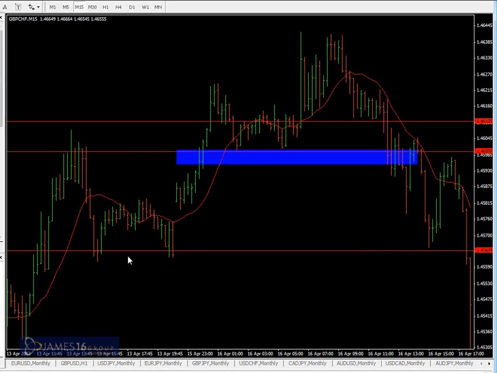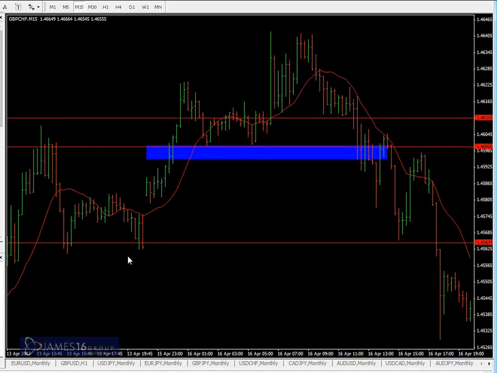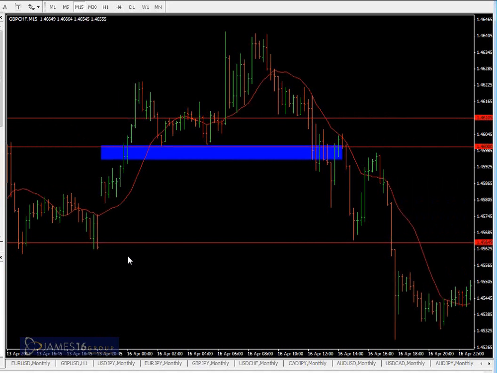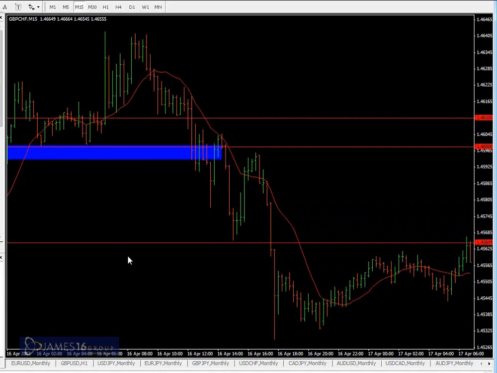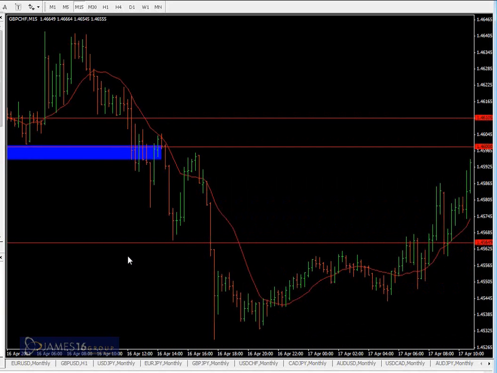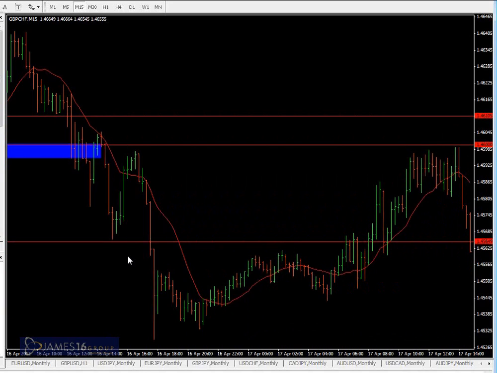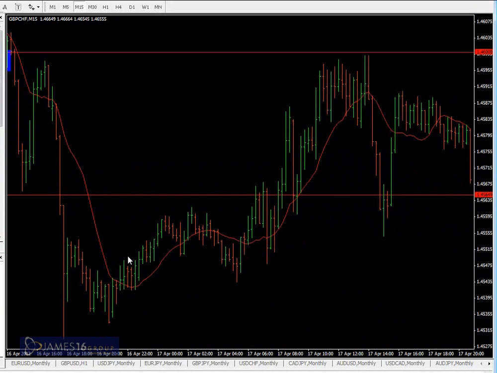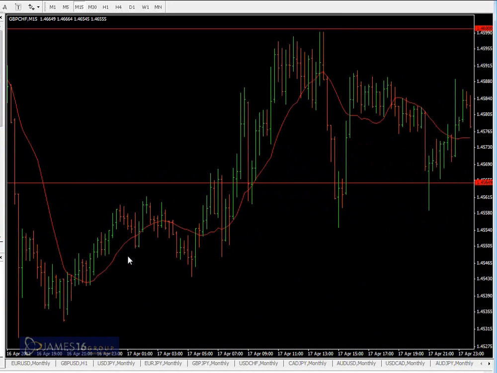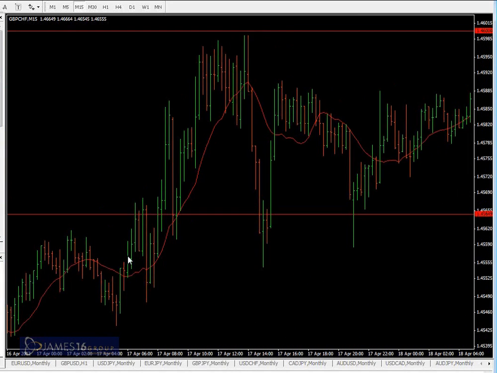How does the market progress? We have a fantastic drop down by 80 pips, a little bit of consolidation, and then the market slowly starts to rise. And you can see now where it's going. And that is a perfect typical example of a gap trade.